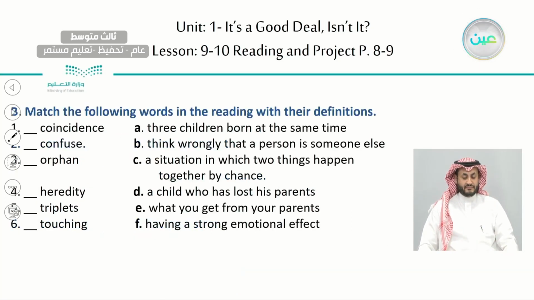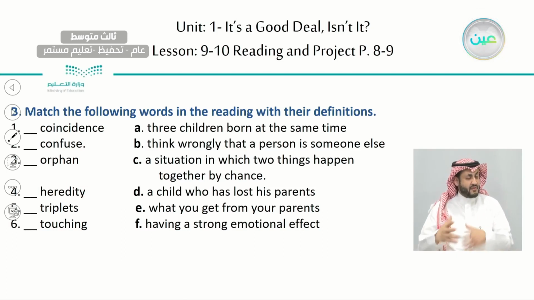Okay? Now look at these, exercise B. Look at these words here. You have to match them with the meaning. So here we have the meanings and here we have the words. You have to match them with each other. We have coincidence. What does coincidence mean? Confused, okay? Orphan. What does orphan mean? Heredity. We already talked about heredity.